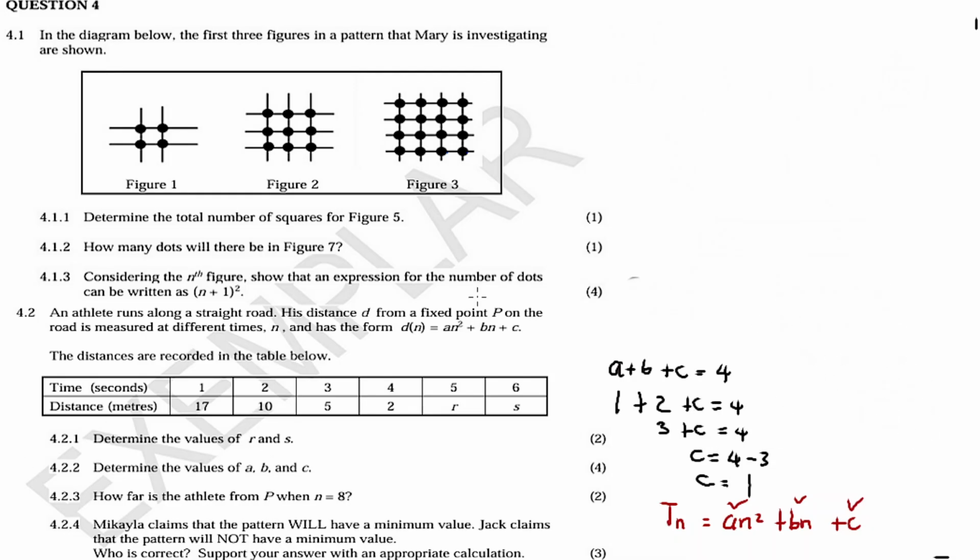Okay, now Tn uzoba equal to A ubani 1, so it's gonna be n squared plus B ubani konje 2, so it's 2n, and then C it's 1, so it's plus 1. This is a trinomial. You need to factorize this. Izokunikeza loku. So the Tn is equal to open bracket.